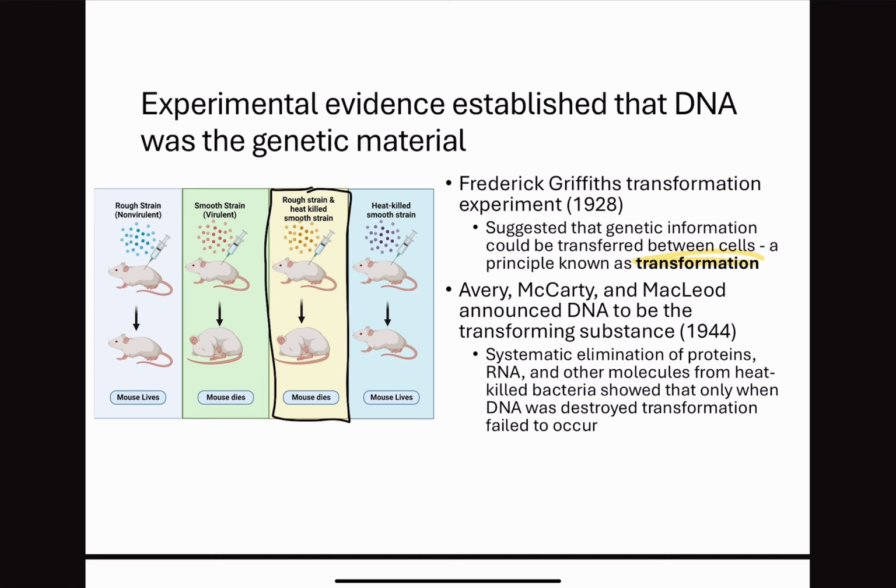It's now defined as a change in genotype and phenotype due to the assimilation of external DNA by a cell. And what this means is that genetic information can be transferred between cells.